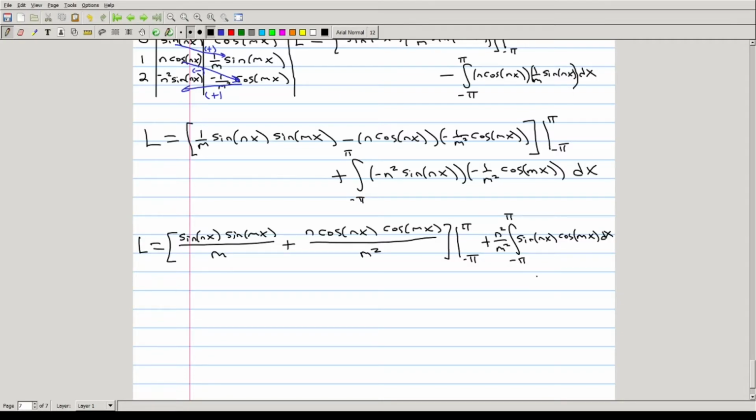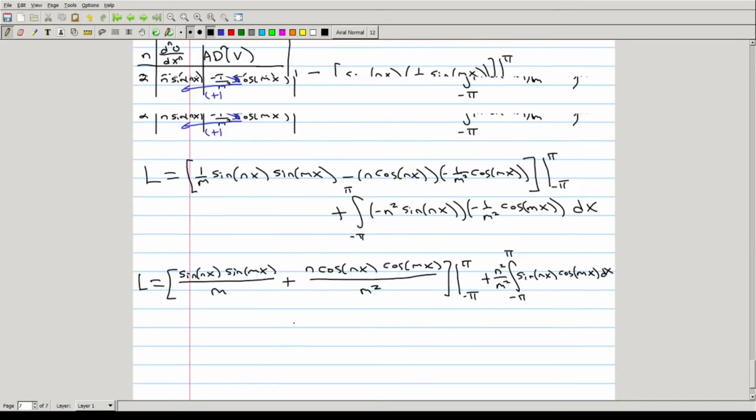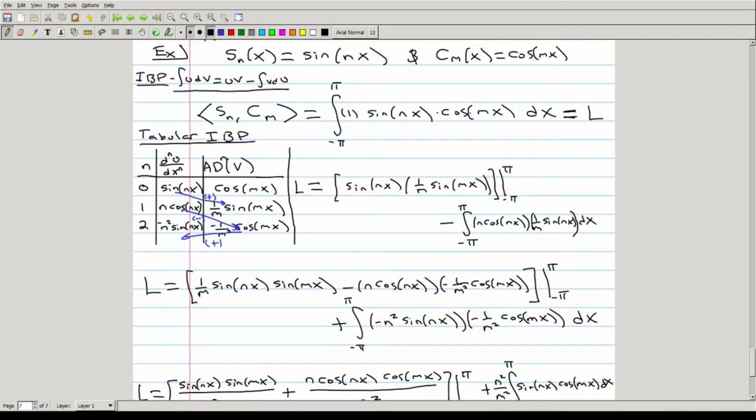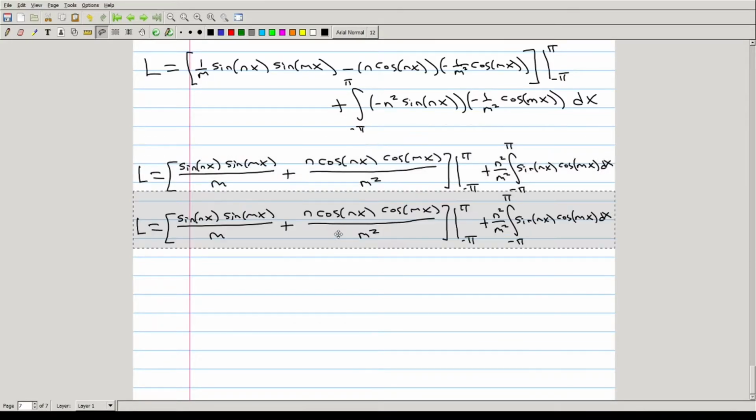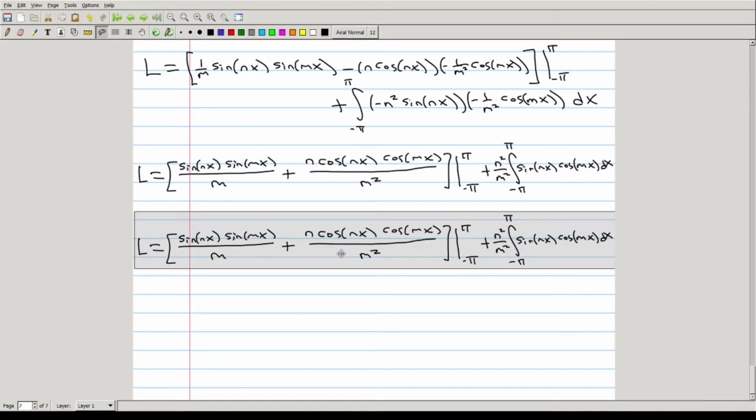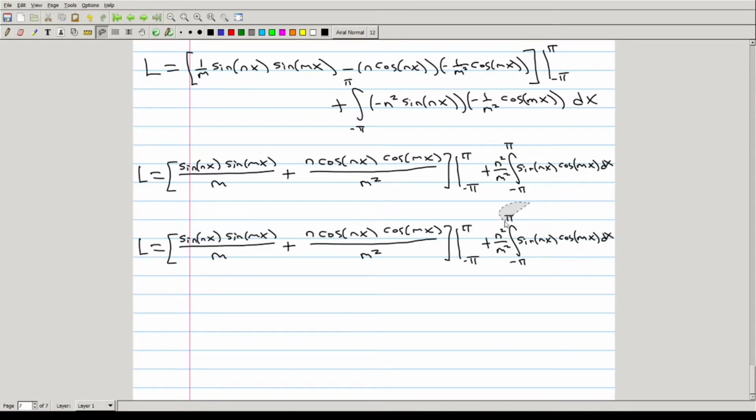Which in fact is the exact same thing that we started with. We're looking for the integral of sine of nx times cosine of mx. So this reduces to the equation where this entire thing is equal to L, which is what we're looking for.